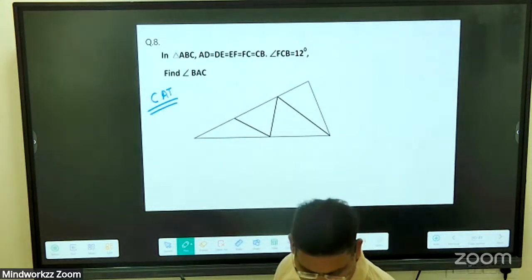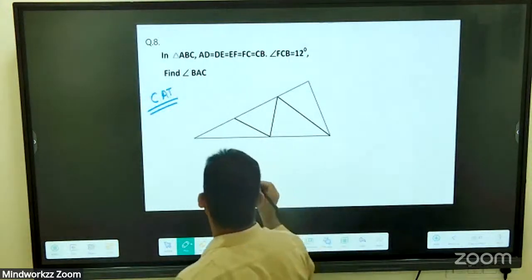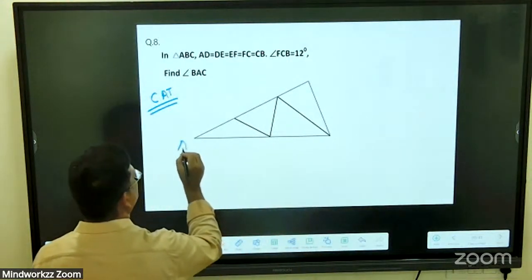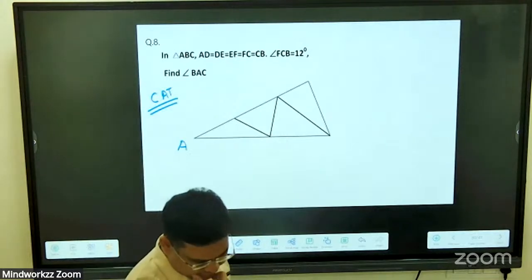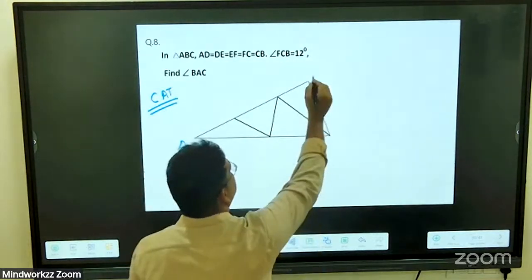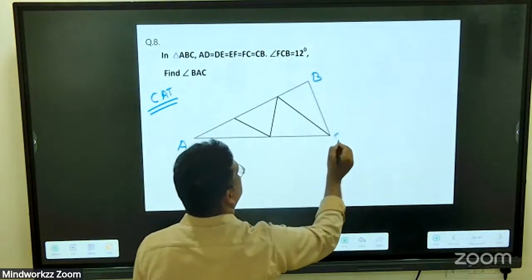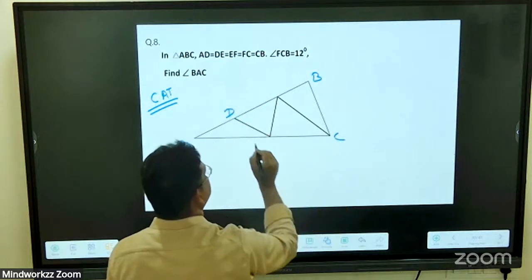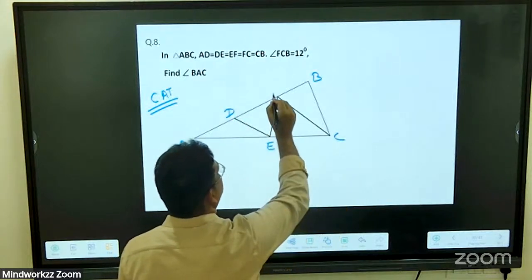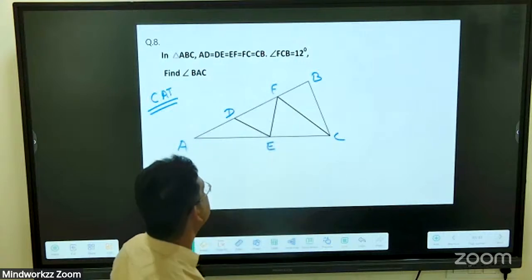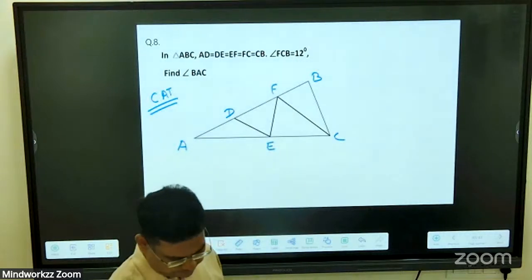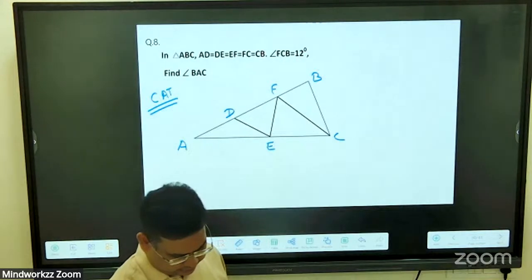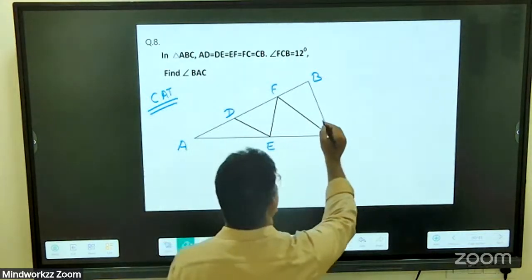I'll just mark this triangle, Jackie, and then I will tell it to you. A, B, C is the triangle, and the points are D, E, and F. This is the triangle where 5 sides are equal, and this is the angle FCB, 12.